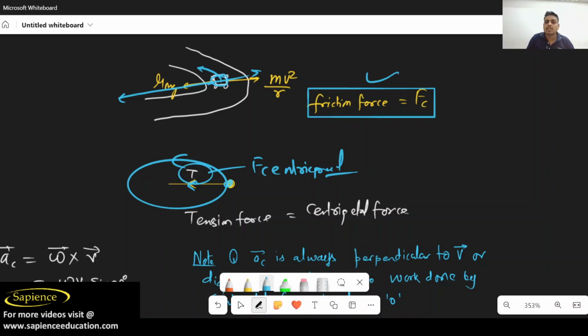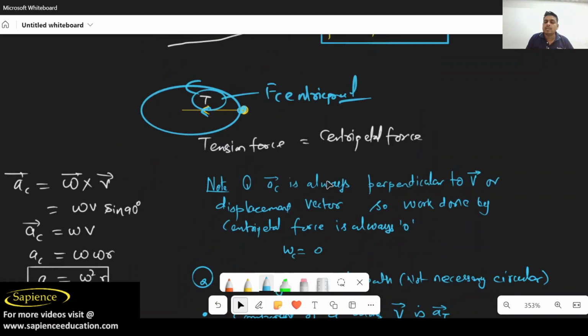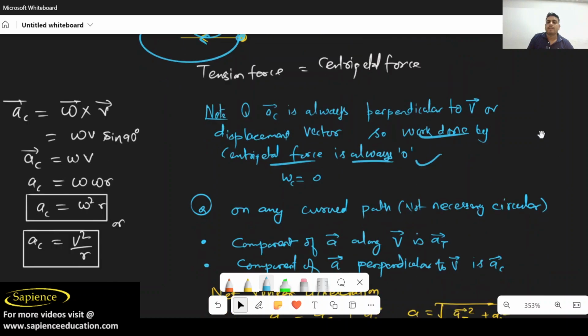Centripetal force is always perpendicular to the velocity or displacement vector, so work done by centripetal force is always zero. Very important. If centripetal acceleration is perpendicular to the velocity, then work done by the centripetal force is always zero, because work done is equal to force into displacement.